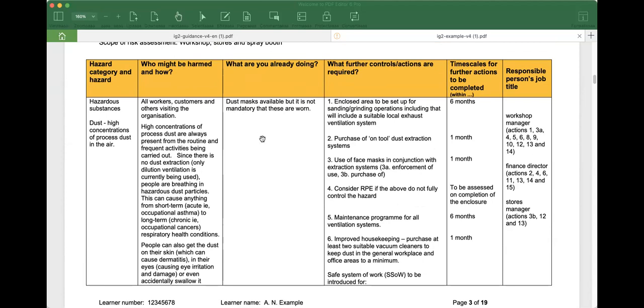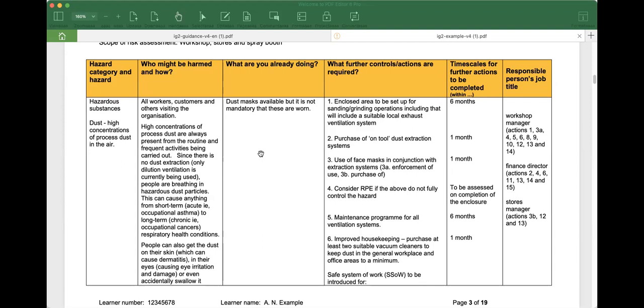Suppose if you have 2 or 3 control measures in the first column, then you need to produce 10 to 12 control measures in the second column. Are you getting me? Please repeat, sir.